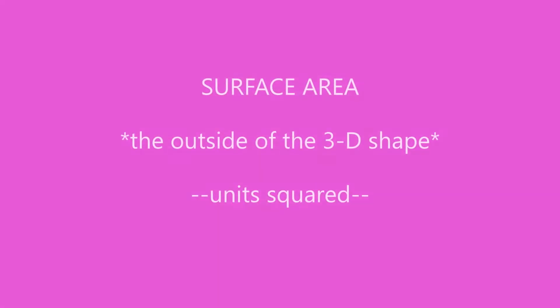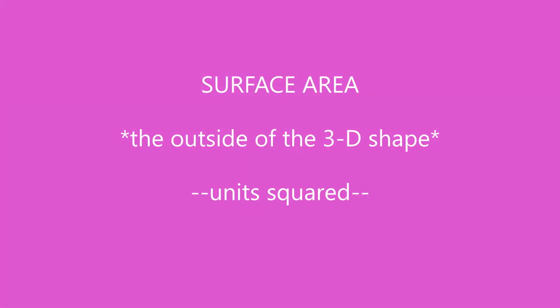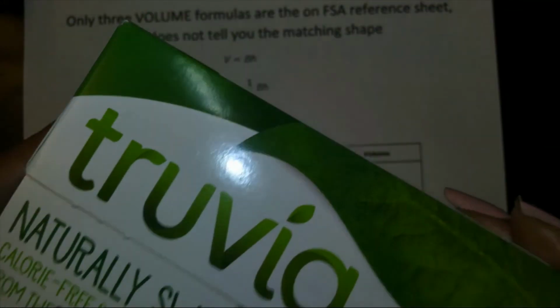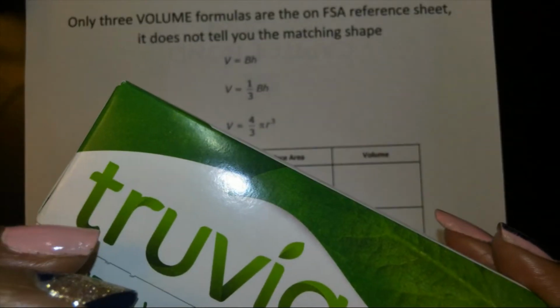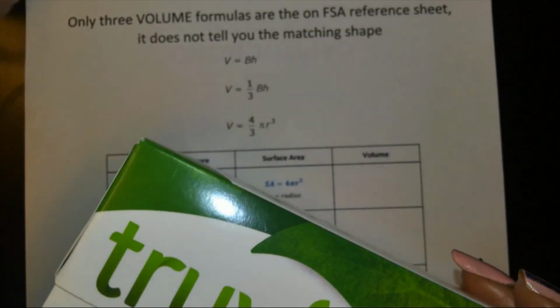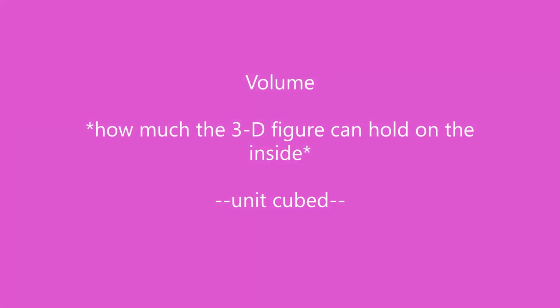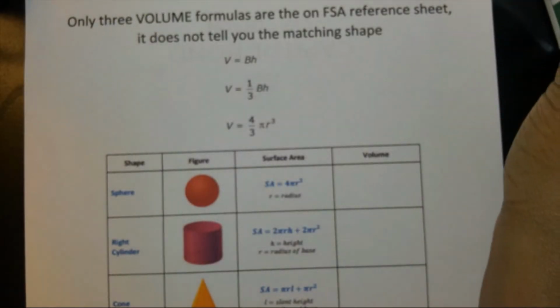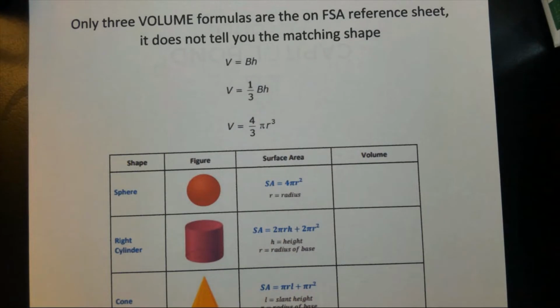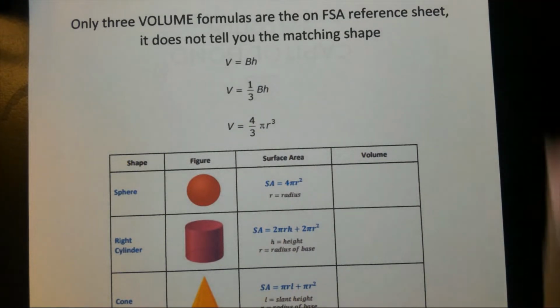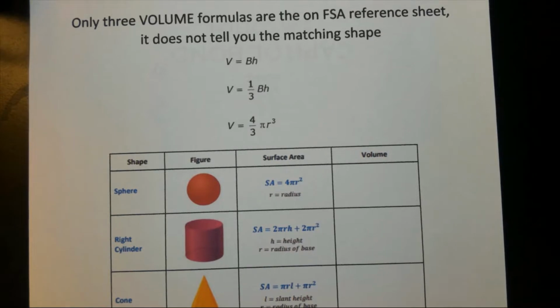If I wanted to know how much this product box could hold on the inside, I would be talking about the volume. So that is the difference between the two formulas, and why of course we need to know both. And sometimes we'll be talking about the outside, and sometimes we'll be talking about how much we can fill. We'll talk about the units as well at the very end of this.